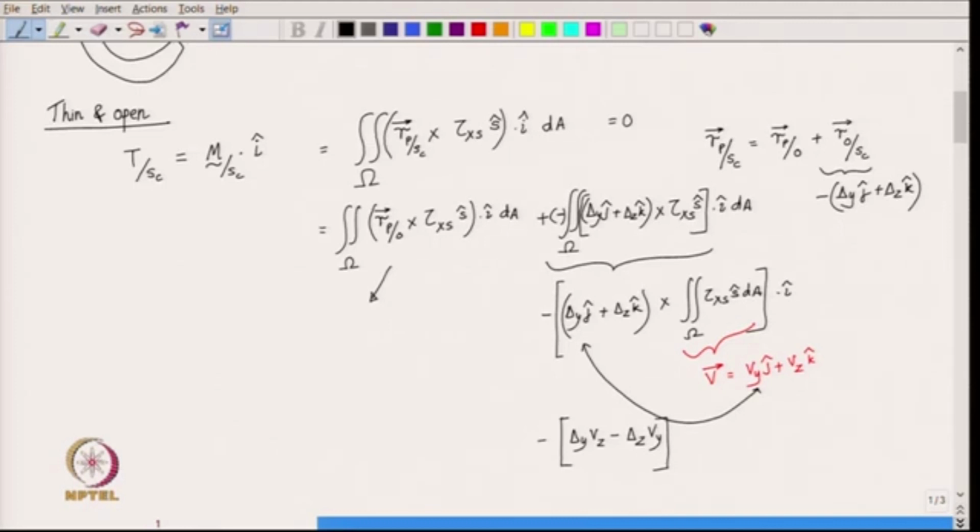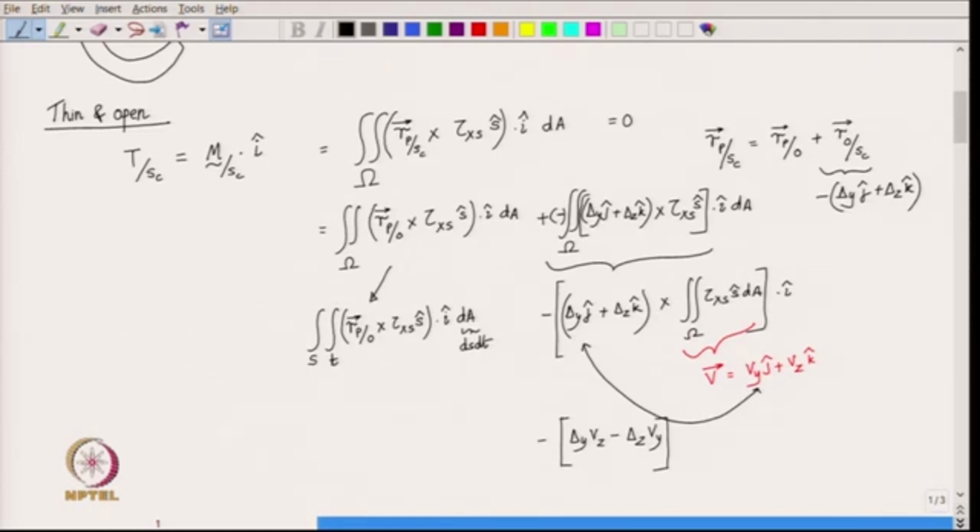The cross section integral, which is a double integral, we can think of as an integration over the arc length S and the integration over thickness T, and we have the position vector of any point in the cross section relative to the centroid, cross product tau x s, and then we have S hat, and this has to be dotted with unit vector I, dA, and dA then becomes ds into dt, is not it.